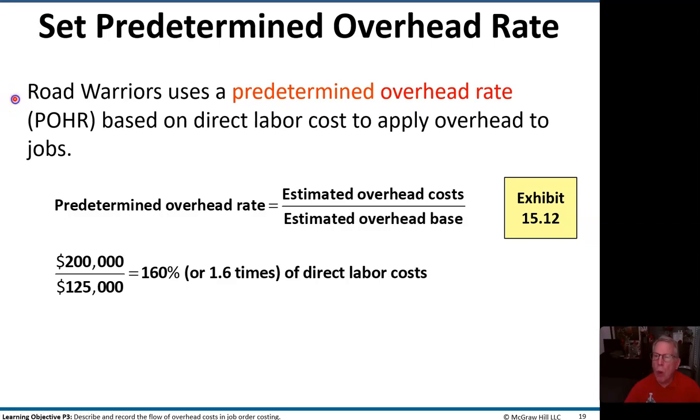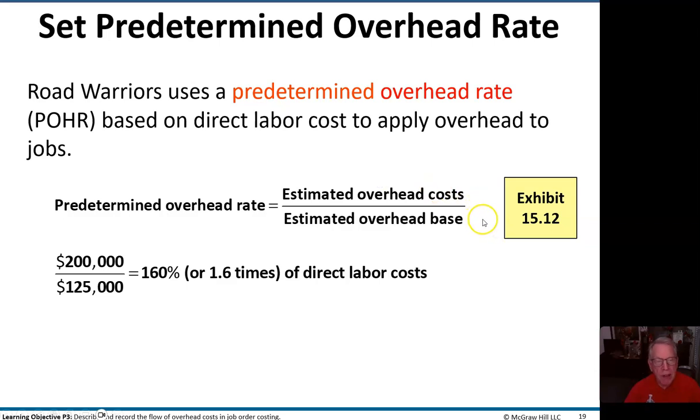Here, Road Warriors uses a predetermined overhead rate, the POHR, based on direct labor cost, direct labor dollars, as I call it, to apply overhead to jobs. So here we have our estimated overhead costs.